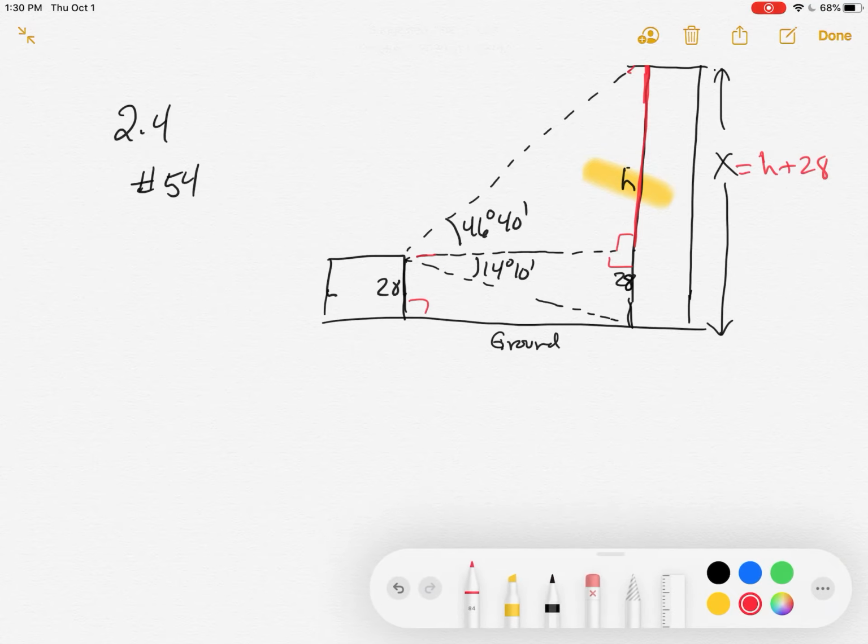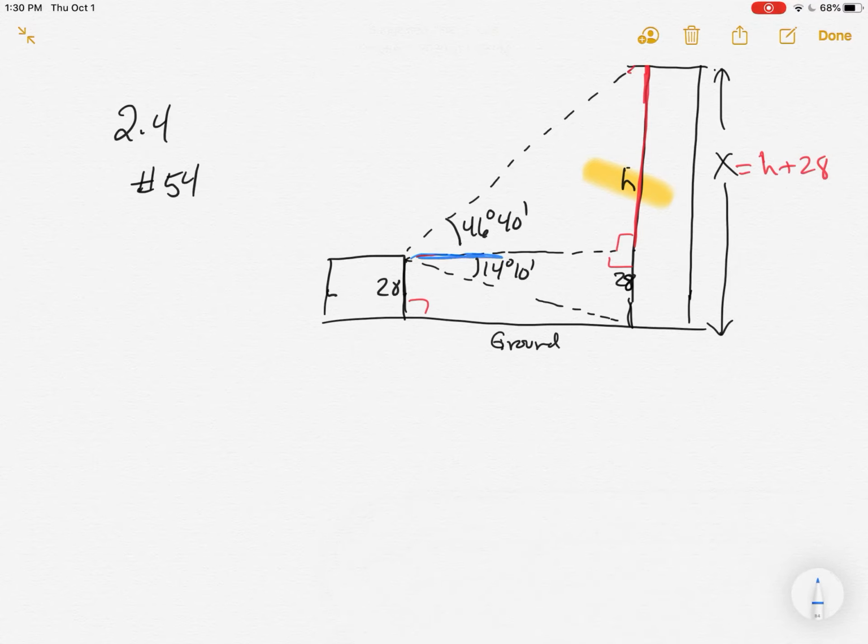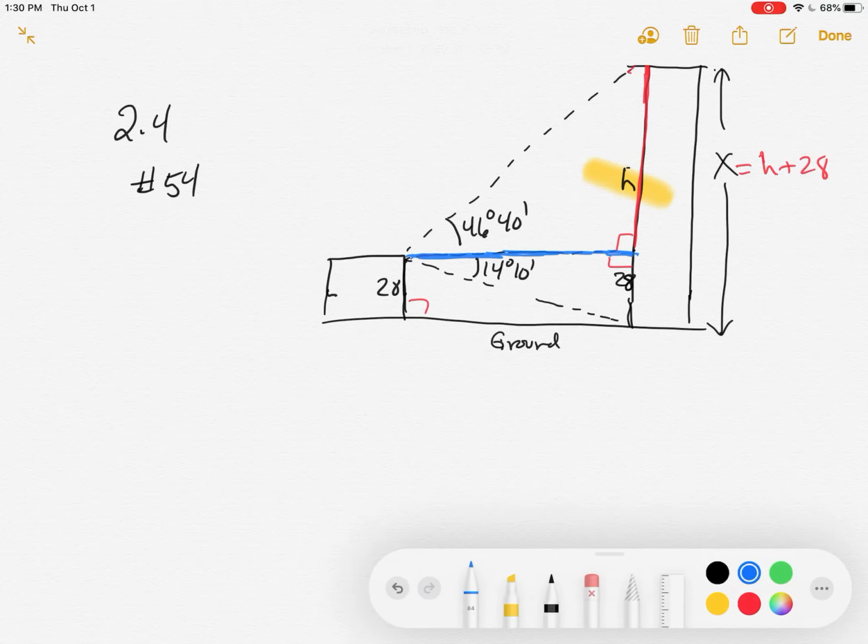Let me put this in blue. I thought I might have to use all three angles or three triangles, but I don't. We can totally get that blue side right there.